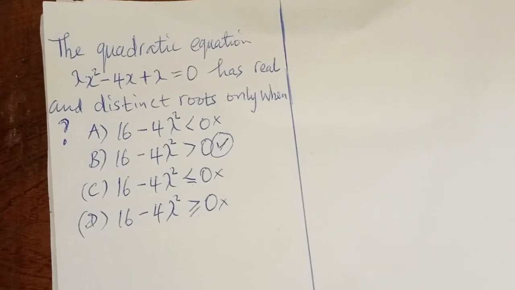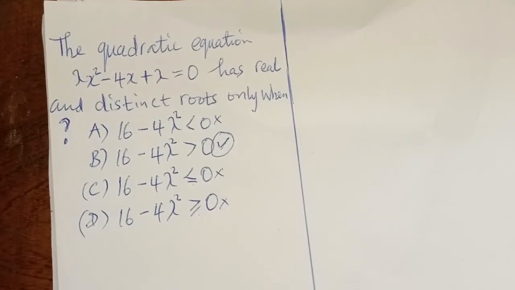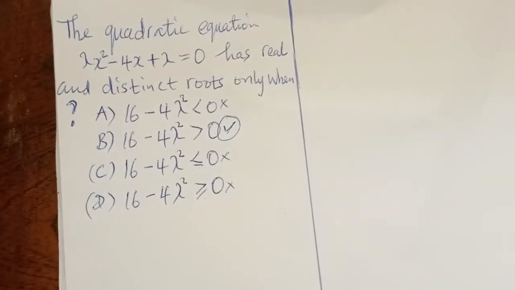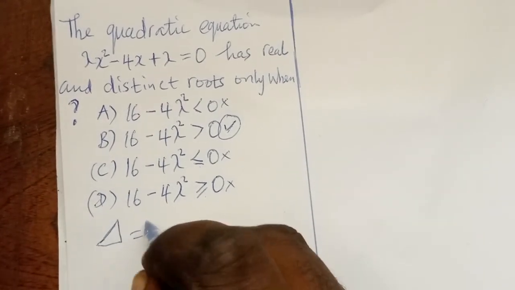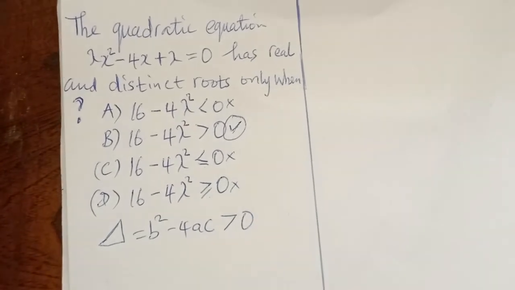First, if we are given an expression like this, we must look for the discriminant b squared minus 4ac and group it together to see if we are going to have 16 minus 4 lambda square greater than 0. Let's try to prove that and see what we have. First, we need to locate b squared, because the discriminant, b squared minus 4ac, must be greater than 0.